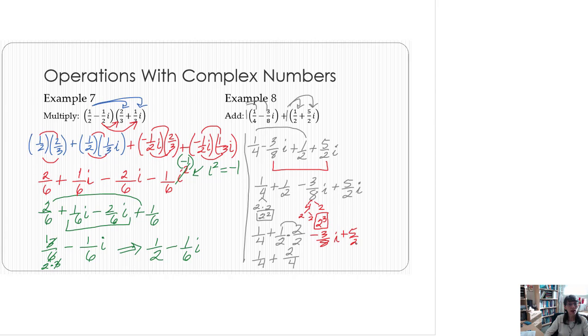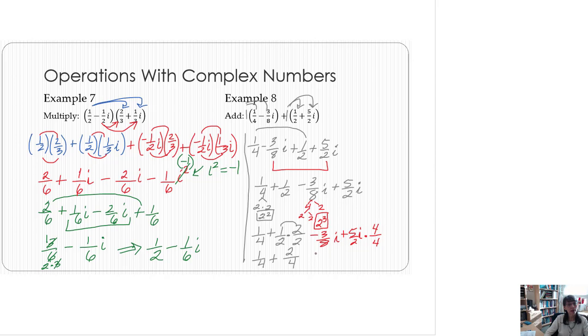plus 5/2 i, but this fraction needs to be built up. 2 times what would match 8? So that would be 4. 2 times 4 makes 8. So if the denominator is built up with a factor of 4, the numerator needs to be built up with a factor of 4.